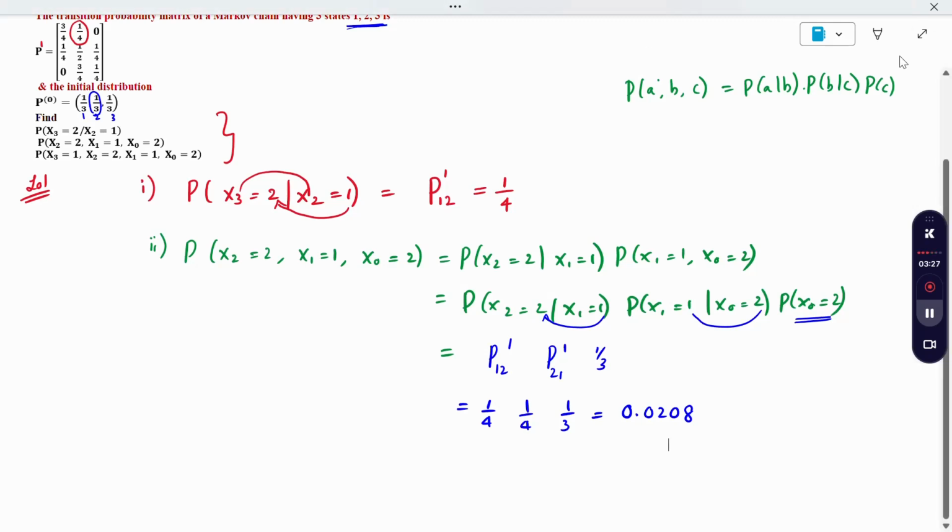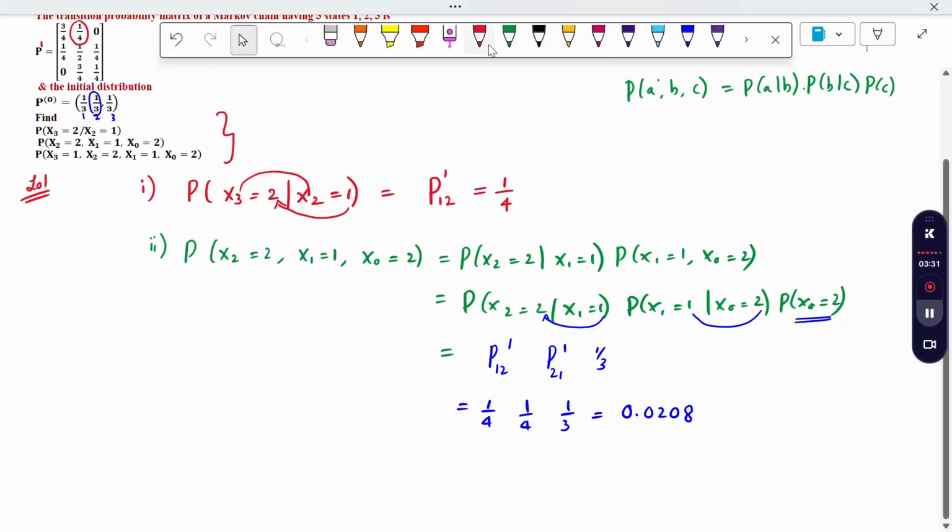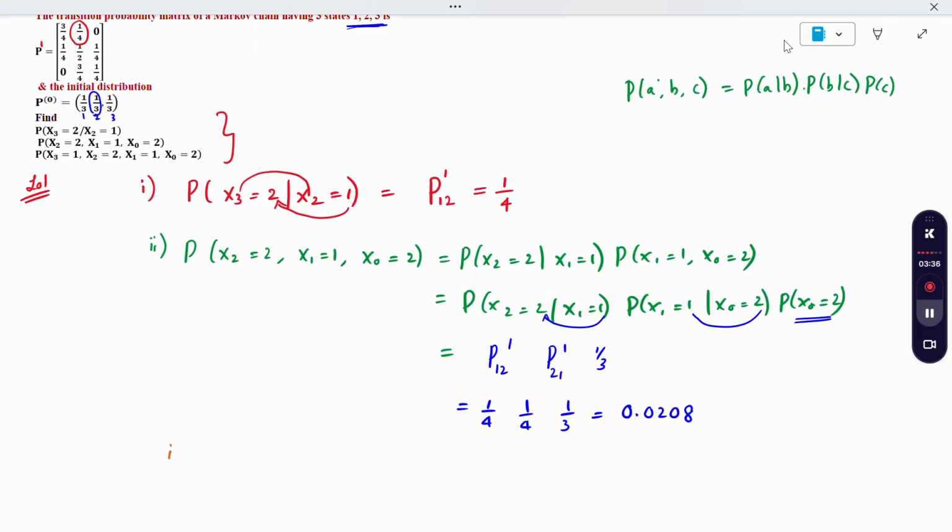So what is the third question? Four values are given. It is the same concept, just extended to four variables. For the third subdivision: probability of x3 equal to 1, x2 equal to 2, x1 equal to 1, x0 equal to 2.